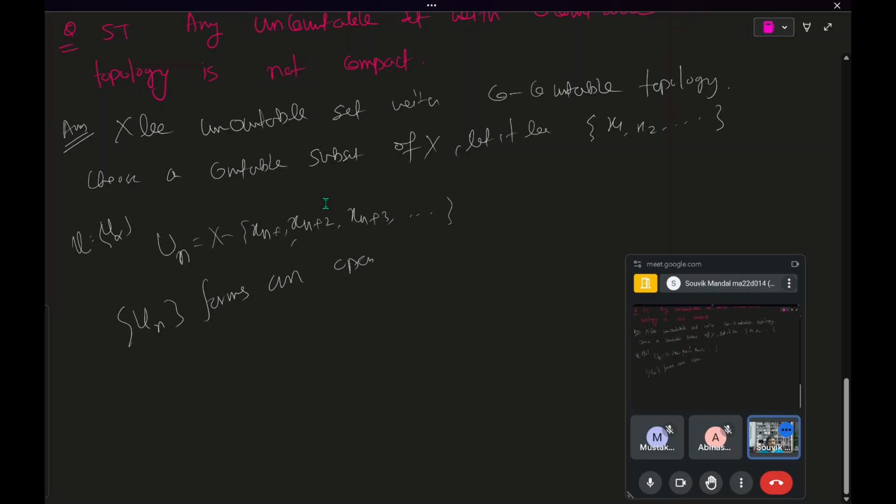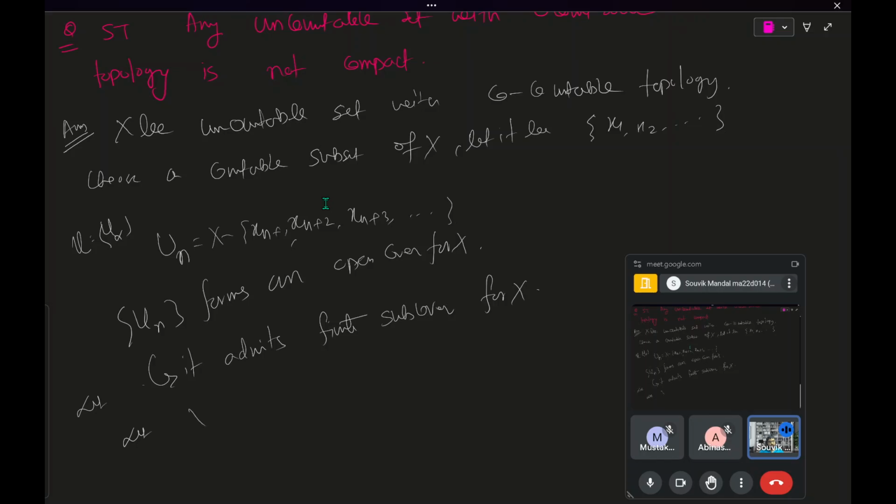Now suppose it admits a finite subcover for X. Let X equal Un1 union ... union Unk.